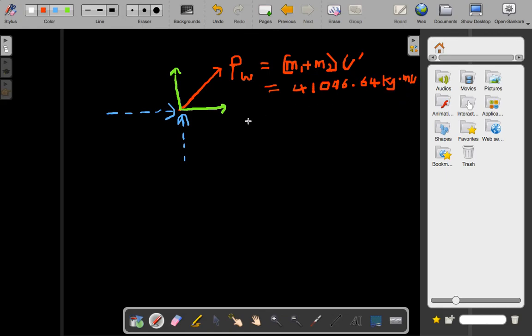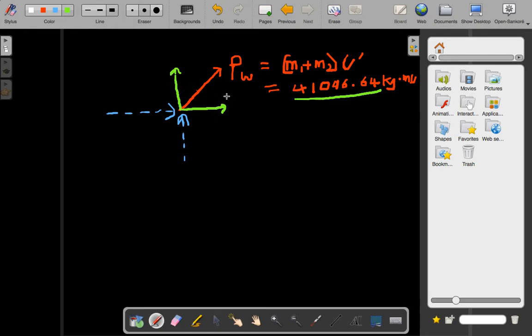So now we know that this vector, the momentum vector of the wreckage, is this. We can use this information to determine the two vector components.